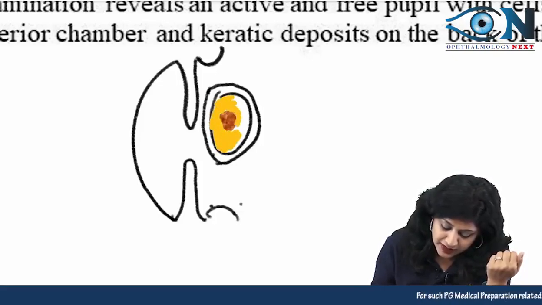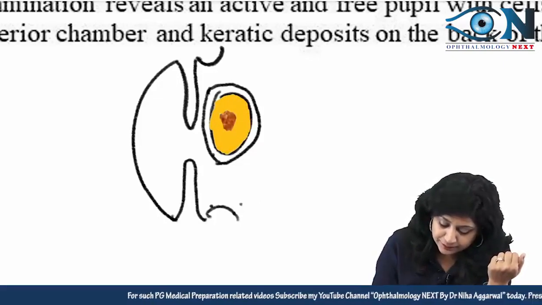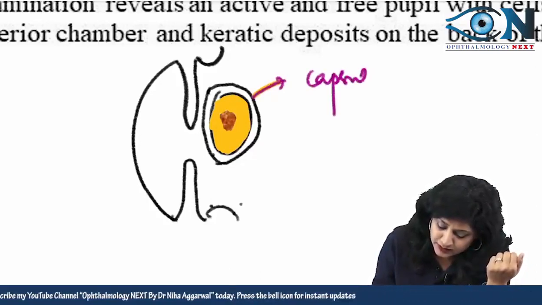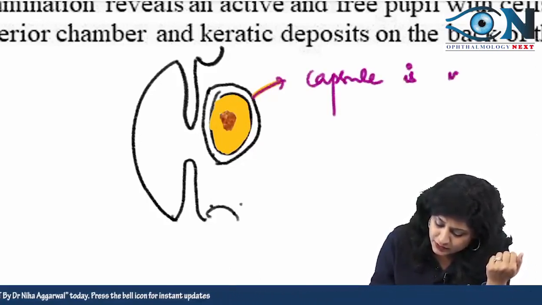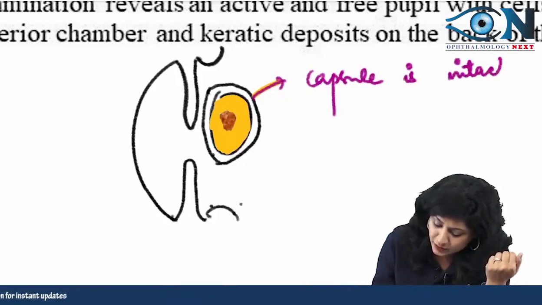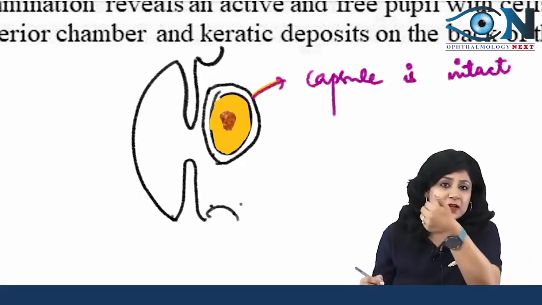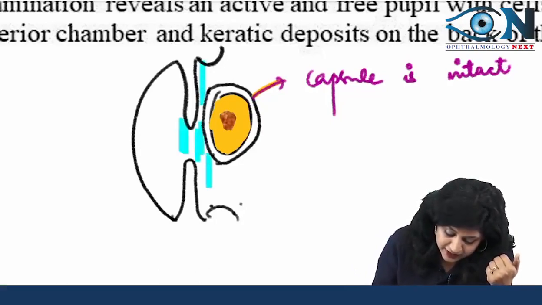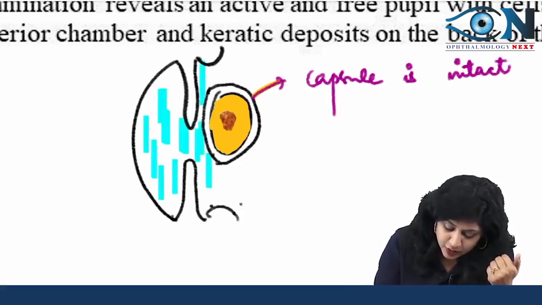So, what is happening? We have the lysis or liquefaction of these proteins, and the capsule is intact here. So, what is happening? These cortex proteins are coming out. Already what we are having here is the aqueous humor, and now the cortex proteins are also coming out, okay.